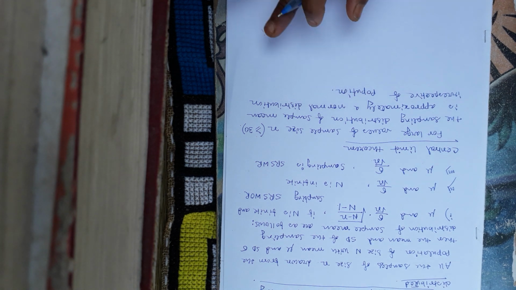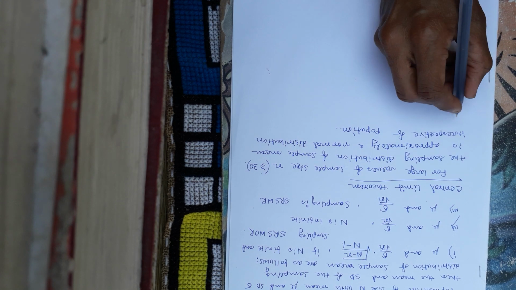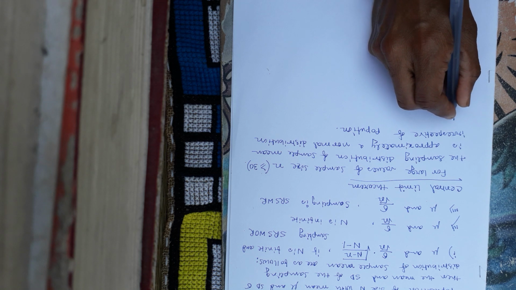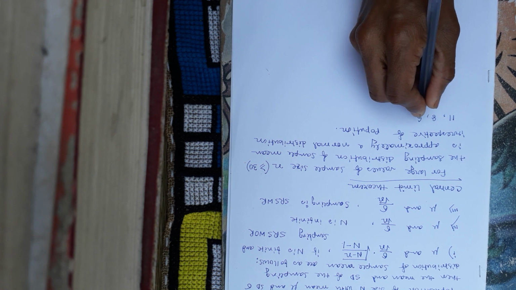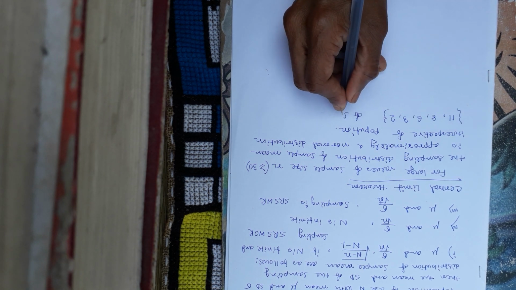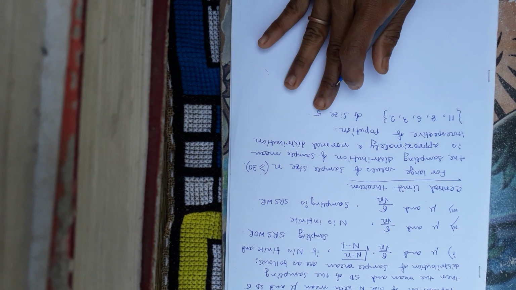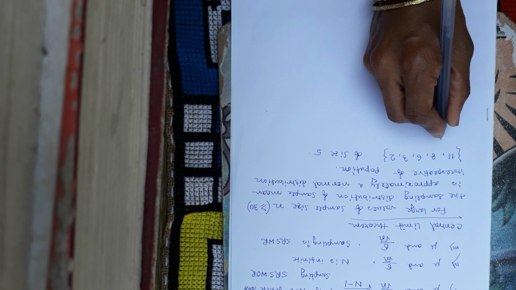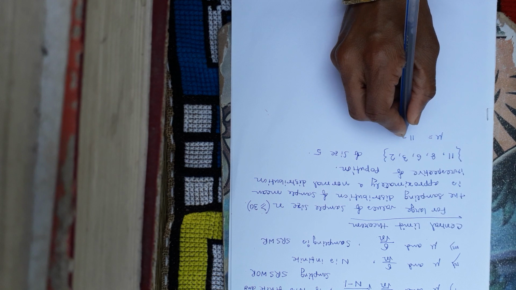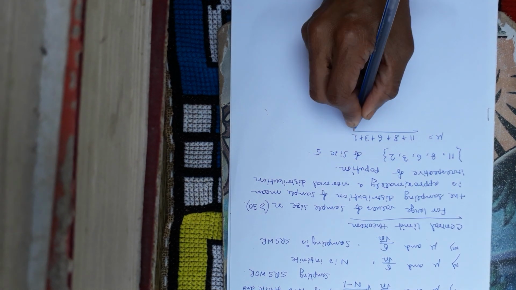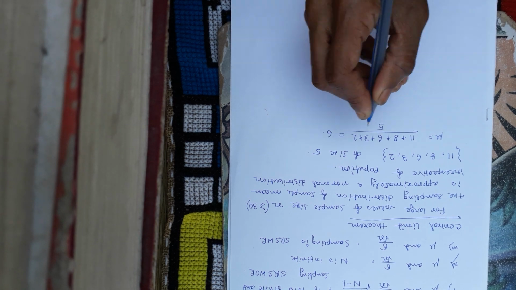For example, let the population be of size 5, with values 11, 8, 6, 3, 2. From here, the population mean mu is equal to (11 plus 8 plus 6 plus 3 plus 2) by 5, that is equal to 6.